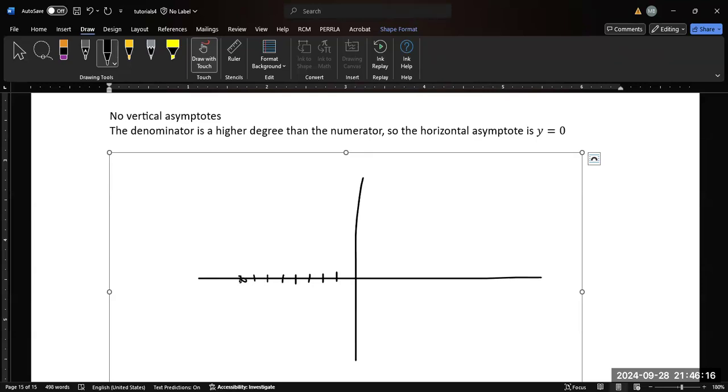So we have to go through this point over here. We also know that we have a horizontal asymptote that we have to approach, but we can cross it nearby if we need to.